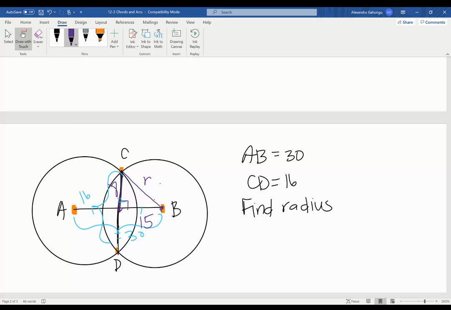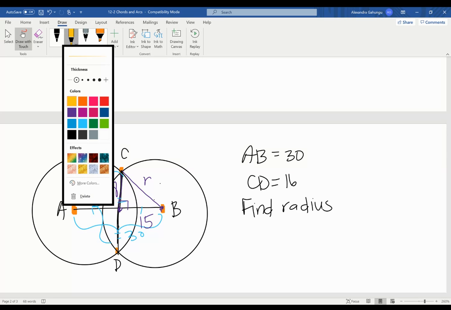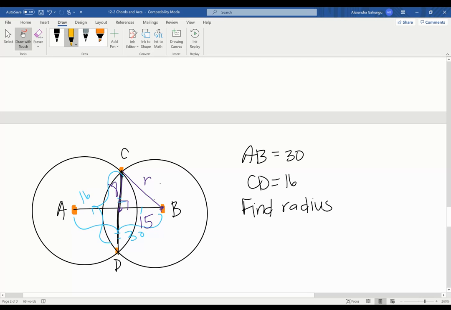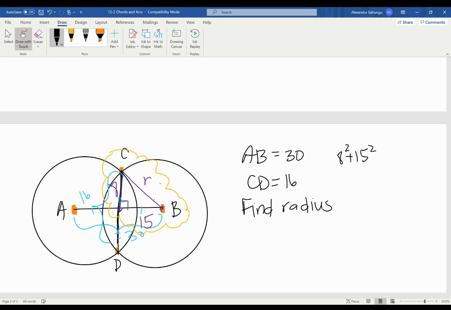And so the radius from the center to the outside, this guy is what we'll be looking for. And if you notice, it's kind of hard to see with all this writing, but we have a right triangle here where we have 2 out of our 3 sides. So we're going to be able to find it. Also, please learn your Pythagorean triples if you haven't, because it's 8 squared plus 15 squared equals r squared.